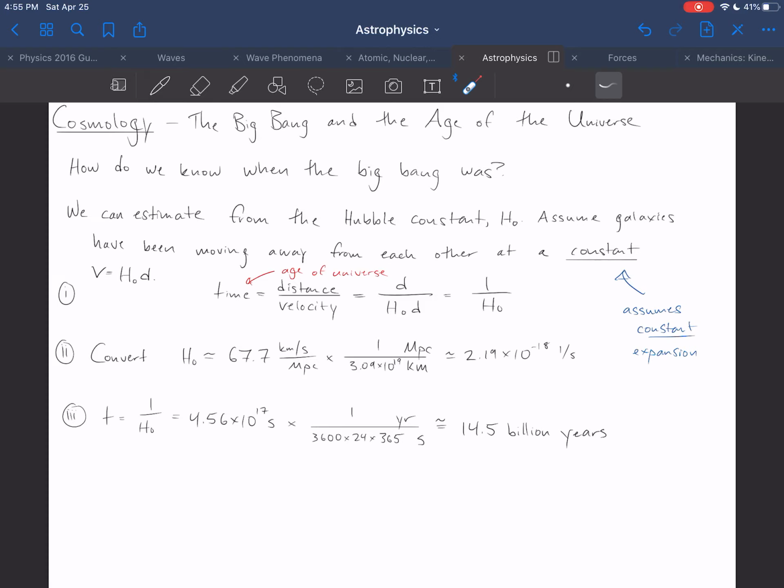There have been many measurements which disagree with each other, but the accepted value is somewhere between 67 and 73. This value stems from a combination of the techniques of measuring it. This gives us this estimate of about 14.5 billion years, which is absolutely in the right ballpark for the rough age of the universe so far.